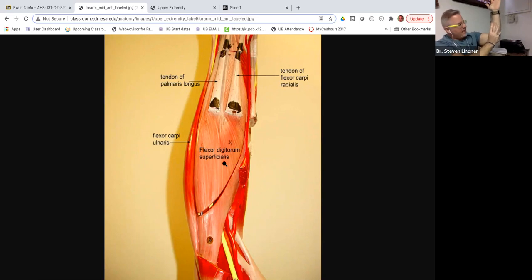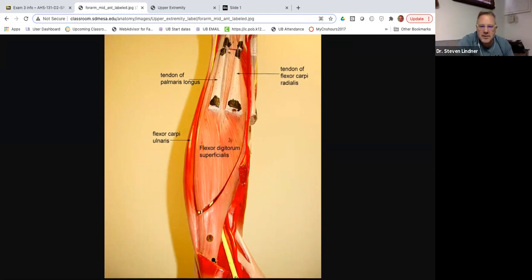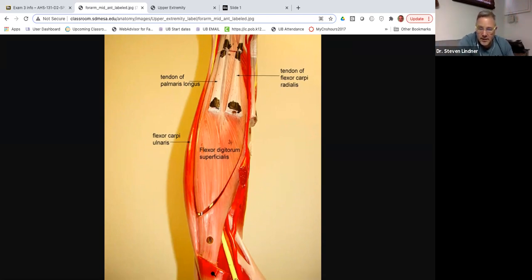The thumb would represent the Pronator Teres, the index finger, Flexor Carpi Radialis, the middle finger, Palmaris Longus, and then the ring finger, Flexor Carpi Ulnaris. So just displaying those 4 fingers would represent the superficial muscles that were cut away from here.